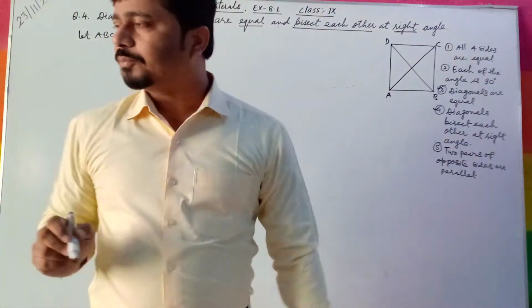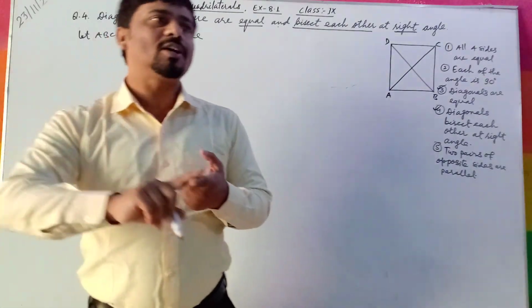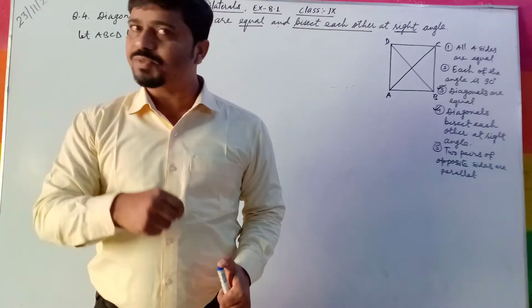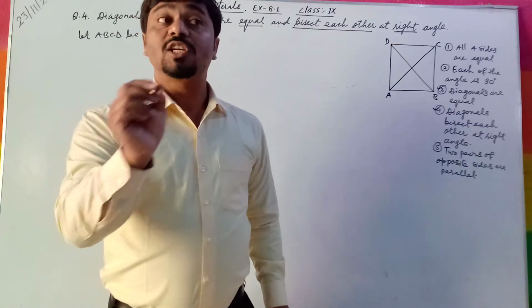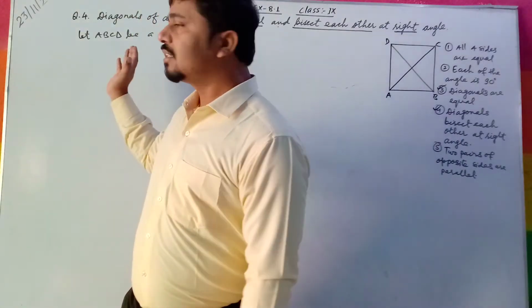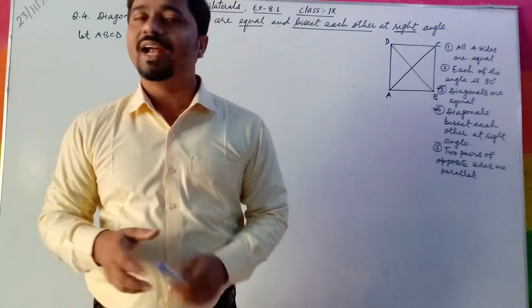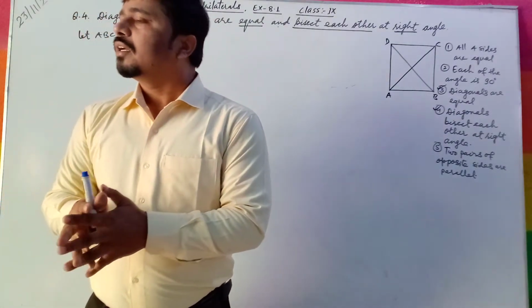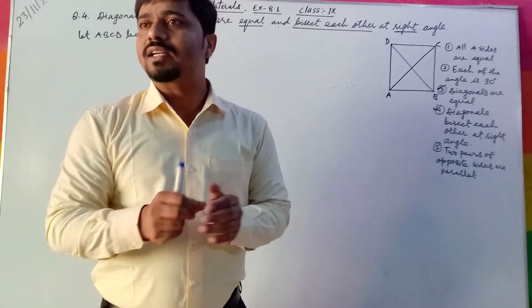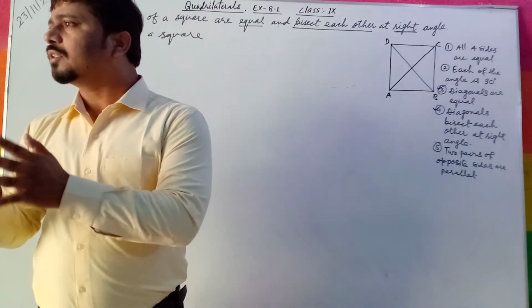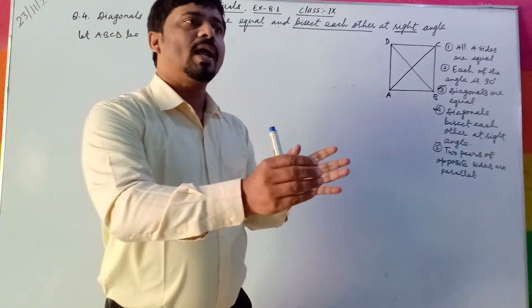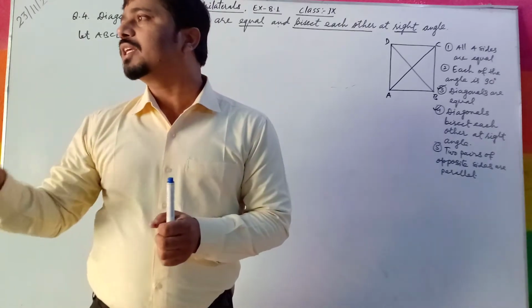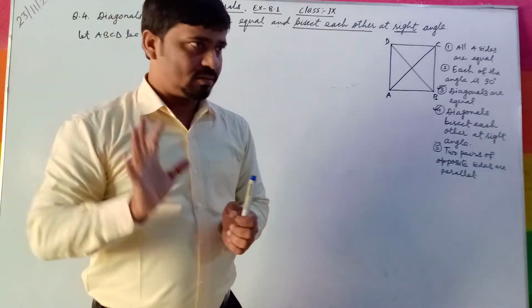One thing you remember: when we draw the picture by ourselves, that picture we suppose, and we start with let ABCD. And when the picture is already given in the question, for the introduction of that particular figure and its given properties, we will start with the word given, remember.